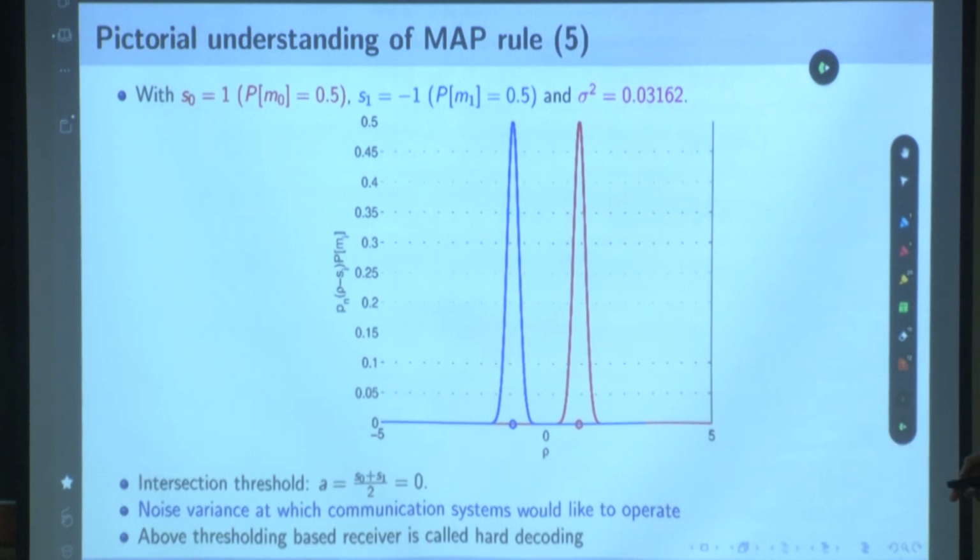For other higher order modulation schemes, we will have to do a little more homework, but the idea remains the same. So this was basically hard decoding, and we threshold, and the threshold we can calculate very easily. Typically the a priori probabilities are the same for any message signal, but if they are not, you should be able to incorporate those probabilities in your decision, because they change the decision threshold.